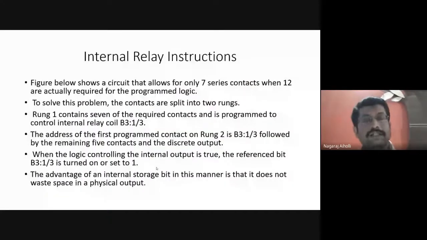The same space in memory which is used to control the field device, we would otherwise be using for storing internal instruction bits, which are meant to monitor the status of the relay, used only for the internal purposes of the PLC, for output monitoring purposes. This avoids wastage of space in the memory location.